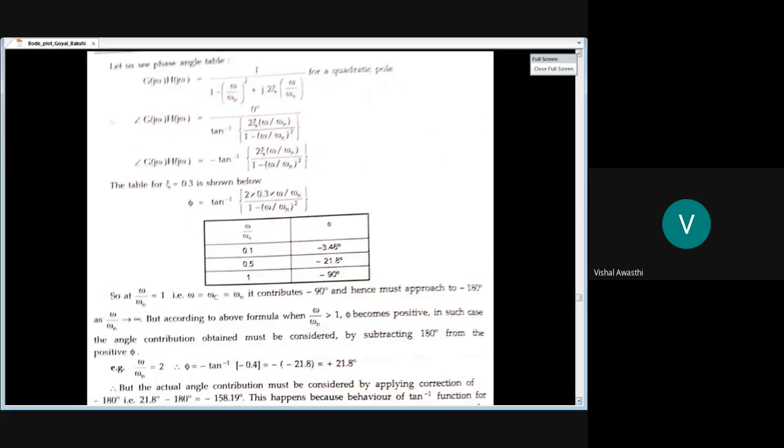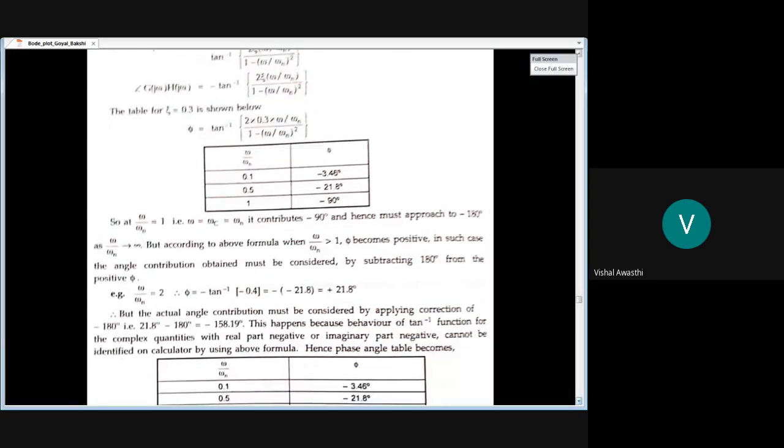In a similar manner, you will have a phase angle, and in the phase angle, you have G(j omega) H(j omega). Take the angle of this one, and you can see on your screen the angle of 1 is 0, and for the denominator, that is tan inverse y upon x, matlab imaginary part upon real part, and you will have minus tan inverse of 2 zeta omega upon omega n, upon 1 minus (omega upon omega n) whole square.